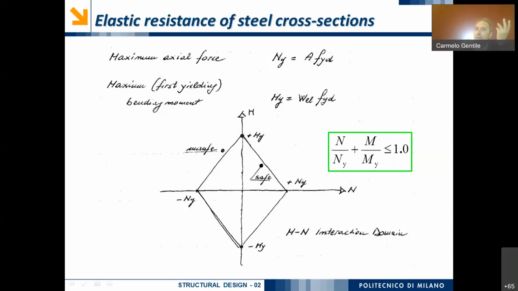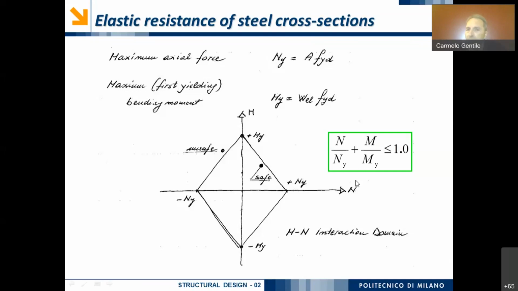and I will obtain this kind of closed figure. That closed figure again is called interaction domain. And what is the meaning of the interaction domain? How can I use the interaction domain in practice? For example, let's assume that in our computation I have obtained for a certain cross section a value of the axial force and the bending moment.